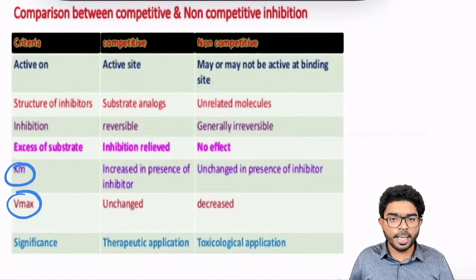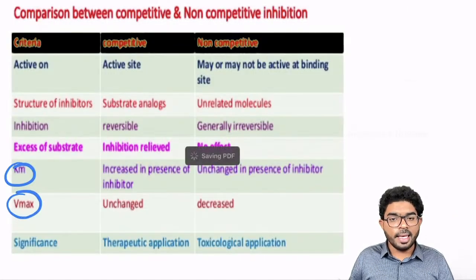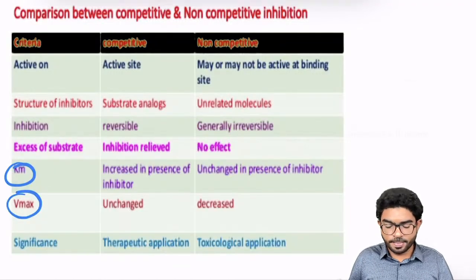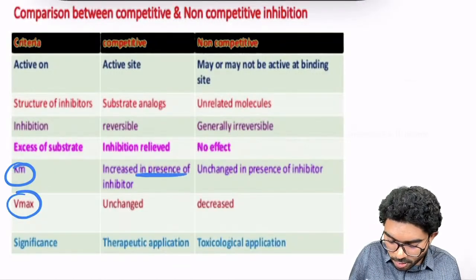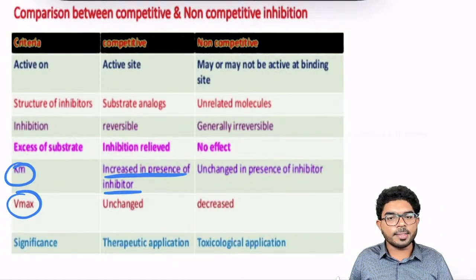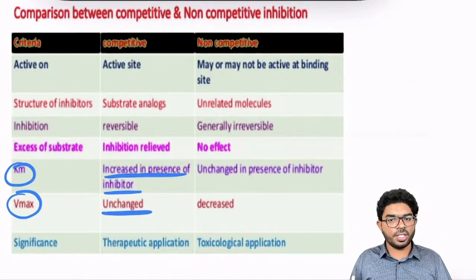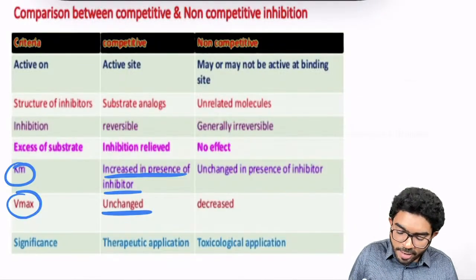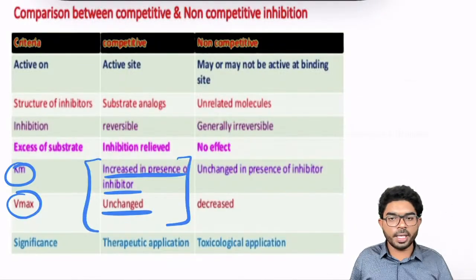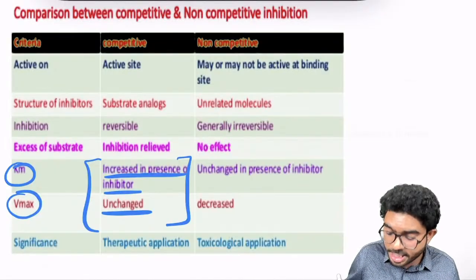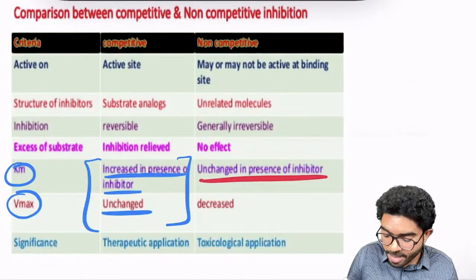In a competitive inhibitor, the Km value increases in the presence of inhibitor, whereas the Vmax remains unchanged. Whenever I'm talking about a non-competitive inhibitor, the Km is unchanged in the presence of inhibitor, whereas the Vmax value decreases.